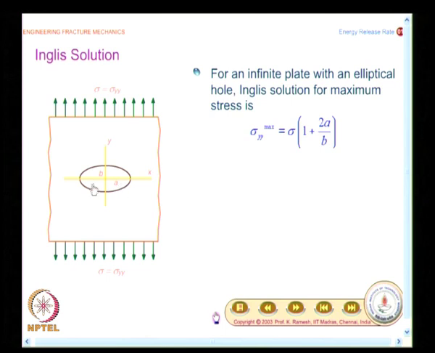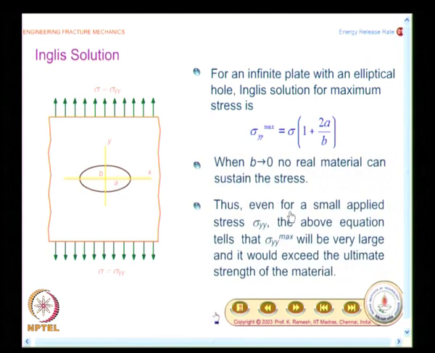When I have a central crack, I will label it as 2a, and the minor axis is given as b. What Inglis alerted was, when the elliptical hole reduces to a crack where b tends to 0, the stresses are very high.